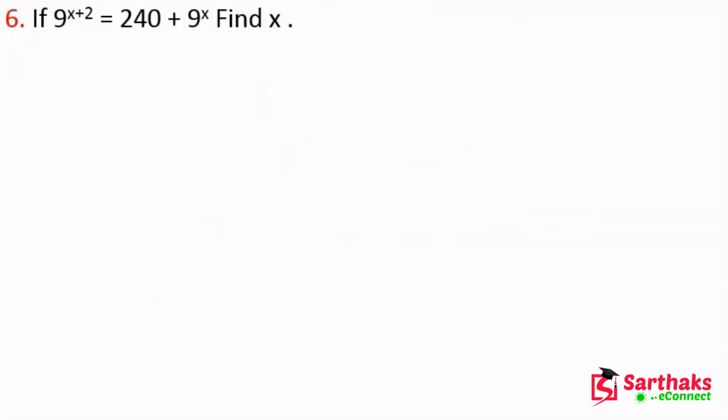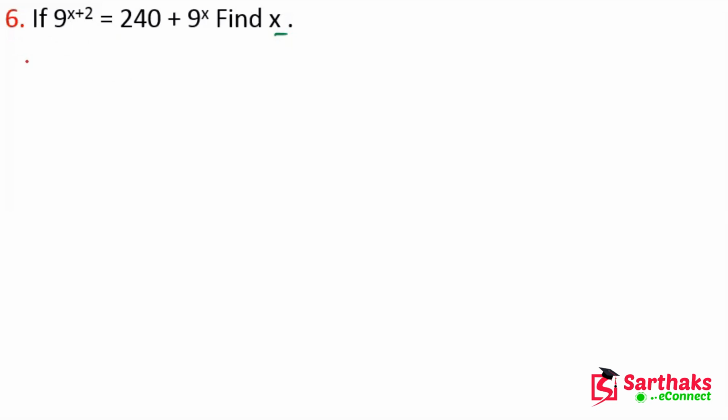So now let's move on to the next question. If 9 raised to power x plus 2 is equal to 240 plus 9 raised to power x, we have to find the value of x. This is a very important question.